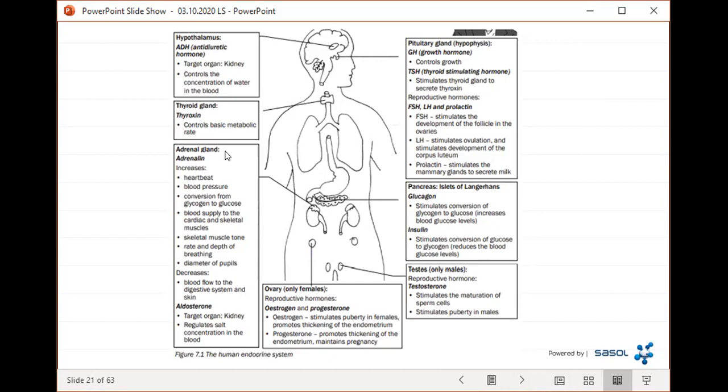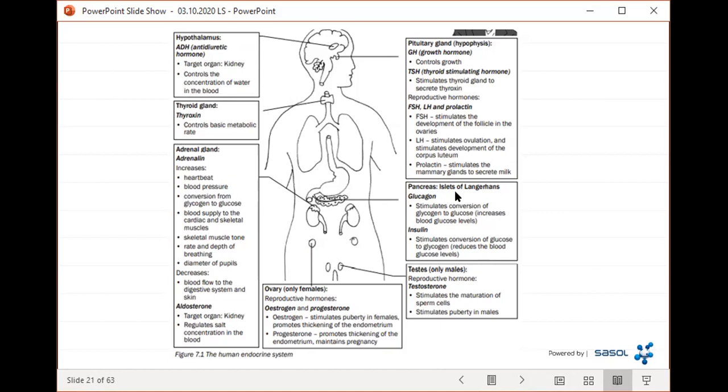Then we have the adrenal gland, which secretes adrenaline as well as aldosterone. Then we have the ovary, which is only found in females, and it secretes estrogen as well as progesterone. Then we also have the testes found in males, and it secretes testosterone, which stimulates the maturation of sperm cells and stimulates puberty in males.